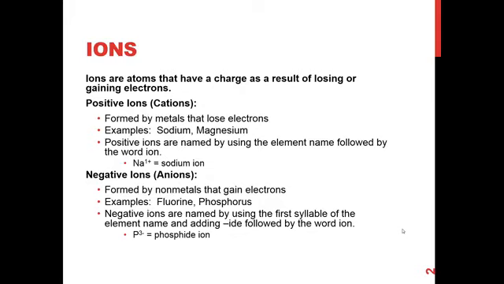There are a few notable exceptions to the first syllable rule. You'll learn those as you make your way through this video and examples in class and in the textbook. But one example of a negative ion is P3-. P, of course, is phosphorus. This is then called the phosphide ion.